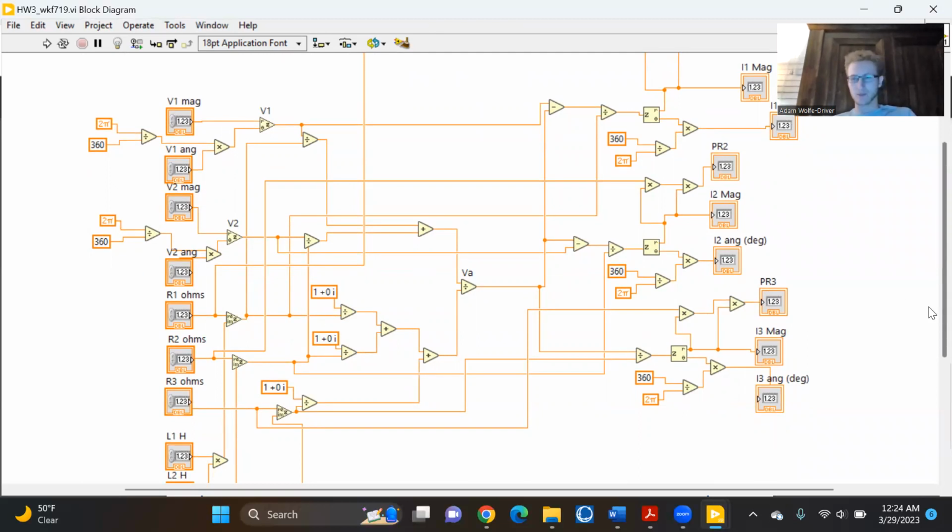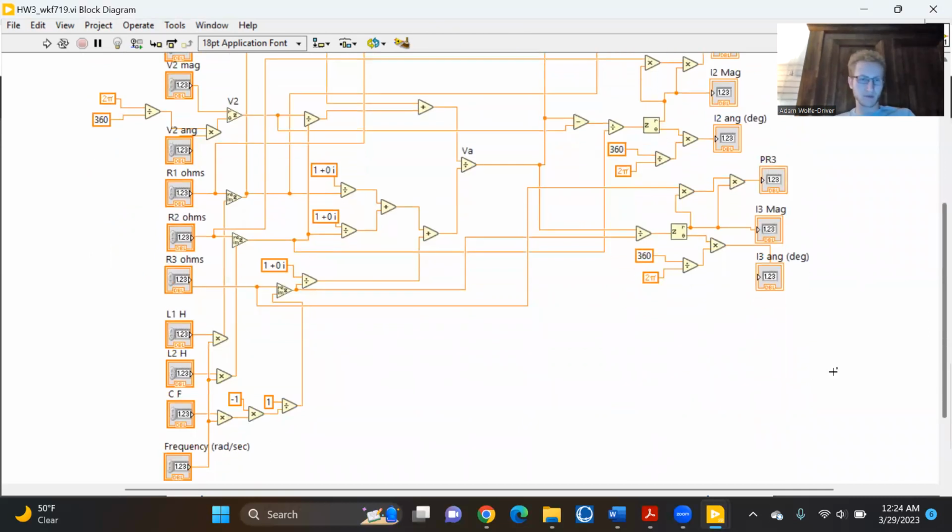Other than that, then you have these right here where you just have to use some intuition. You have to recognize that your real part, of course, is always going to be your resistance, and then your imaginary part is your frequency times your inductance, and then for capacitance, of course, it's the reciprocal.